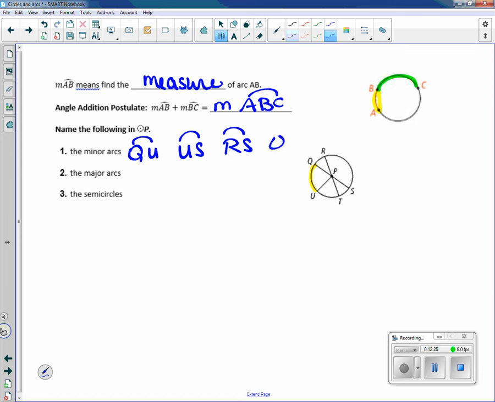QR? How about this one? Is this a minor arc? How about RU? Is R to U a minor arc? It is because I only use two letters. I can't go the opposite way because that would make it a major arc and it would need three letters.